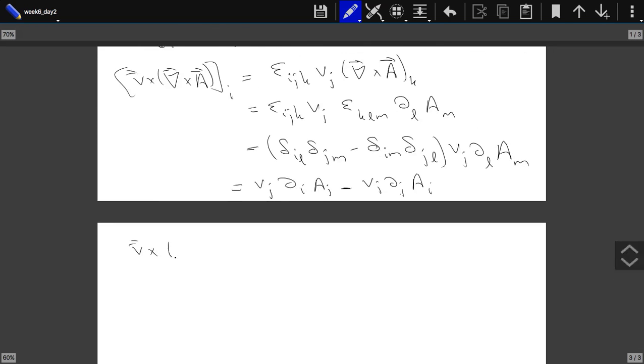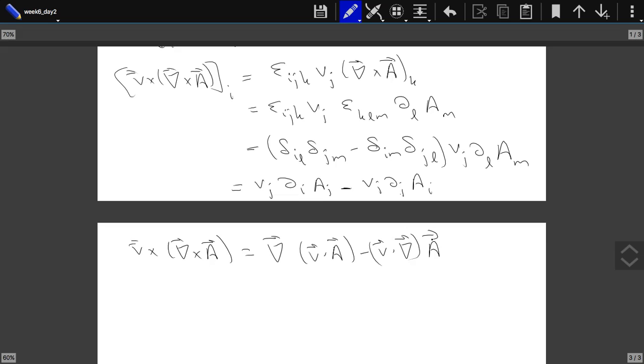So V cross curl of A is just nothing but the gradient of V dot A minus V dot the gradient acting on the vector A. You see here, this doesn't depend on position, it only depends on time, so I can just change the position derivative and the velocities.